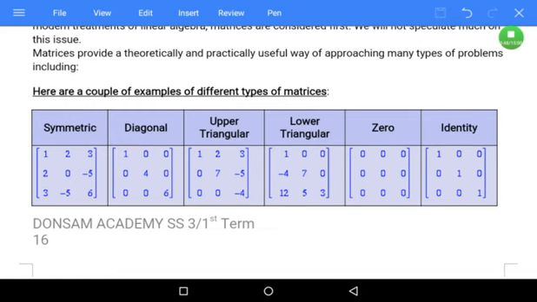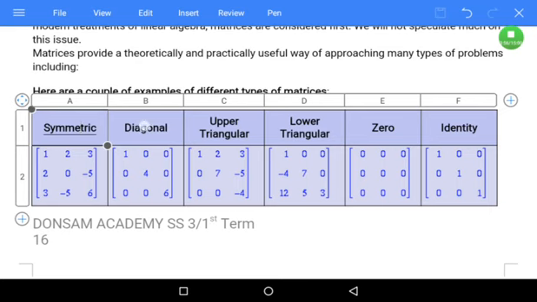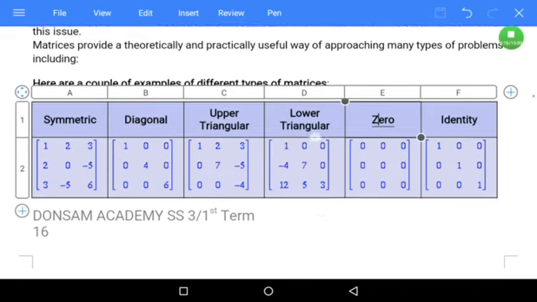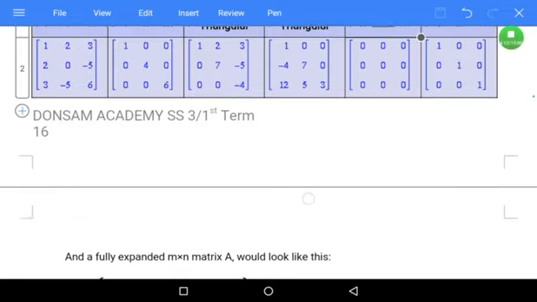For instance, we have types of matrices: the symmetric matrix, the diagonal matrix, and the triangular matrix, which we can divide into upper or lower triangular matrix. We have the zero matrix and the identity matrix. We also have other types like the skew symmetric, the singular matrix, the square matrix and the likes. We will talk more on that later.